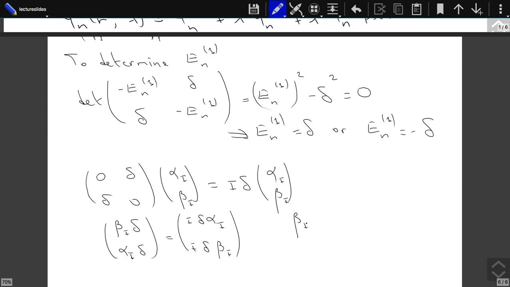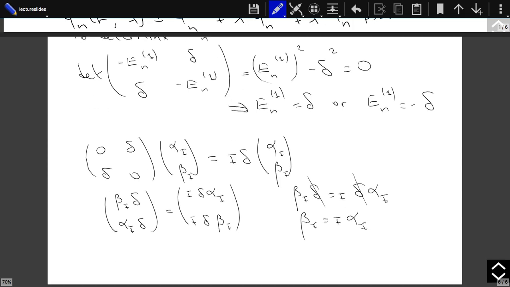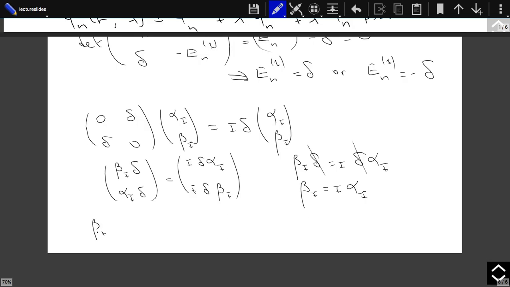So what we have is beta plus or minus delta is equal to plus or minus delta alpha plus or minus. So I can just cancel the deltas. So beta plus or minus should be equal to plus or minus alpha plus or minus. So this tells me that beta plus is equal to alpha plus, and for beta minus, I take the upper signs everywhere, beta minus is minus alpha minus.